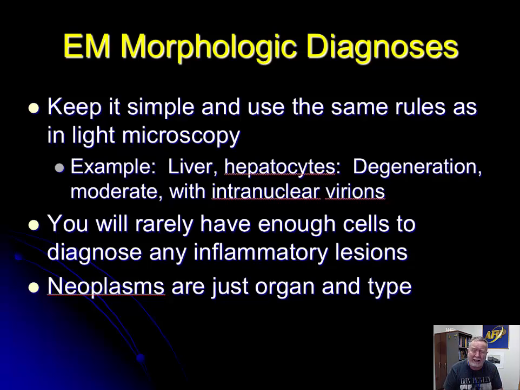Keep it simple. Keep it short. When you start to try and interpret too much, you're probably going to get into trouble. If you're looking at a neoplasm, you're going to have 4 or 5 or 6 cells that all look alike. I just put the organ, liver, colon, lymphoma, or something like that. Very simple diagnoses.